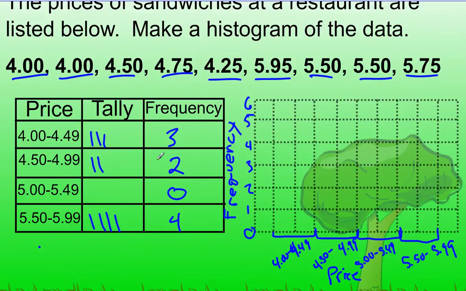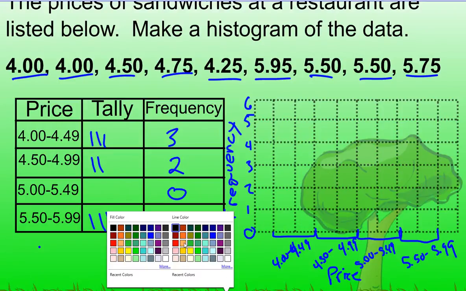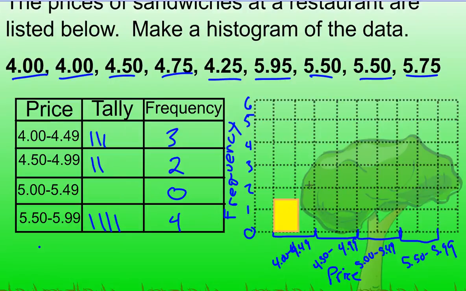So my first space, from $4 to $4.99, there were 3 sandwiches. You know what? I'm going to make my bars look fancy. Yeah, that's super fancy. There you go. There's my first bar.